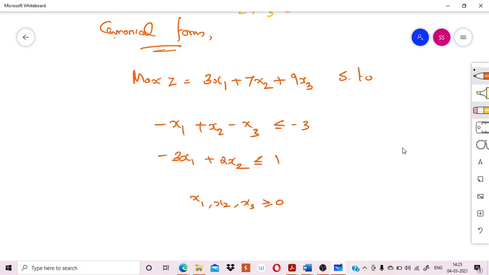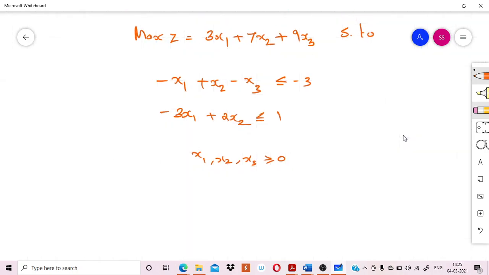Then you apply the dual conditions, the dual operation. So max becomes min. The maximization problem becomes a minimization problem. So minimization of z star equal to, once you find the matrix A, it will be minus 1, 1, minus 1, then minus 3, 2 and 0.